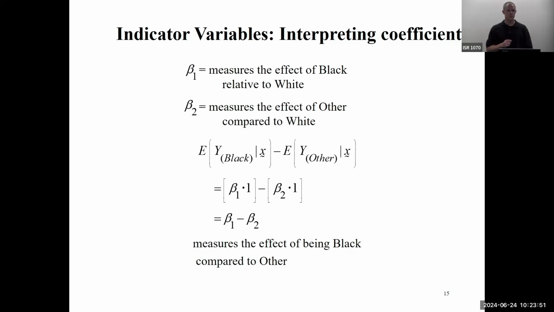Who says I have to have white as the reference category? If I want to compare black and other, just set other to the reference category. I'm going to get a coefficient for black. Just do that comparison. So you can do this kind of multiple testing just by flipping the reference category repeatedly.